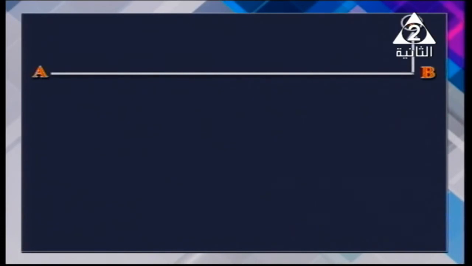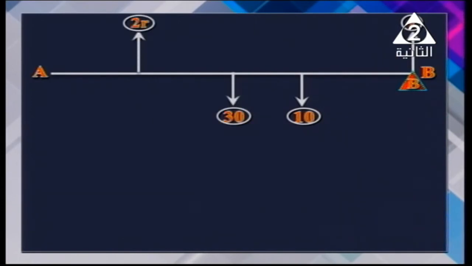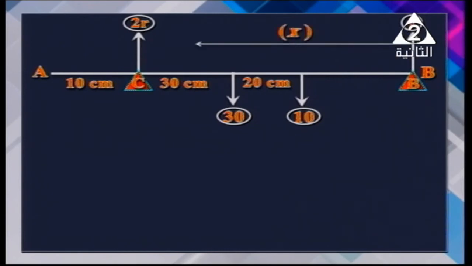My dear student, look at the rod AB. The support at C is twice the support at B. Then if the support at B is R, the support at C is 2R. The distance between A and C is 10 centimeter, and between the midpoint and C is 30 centimeter.